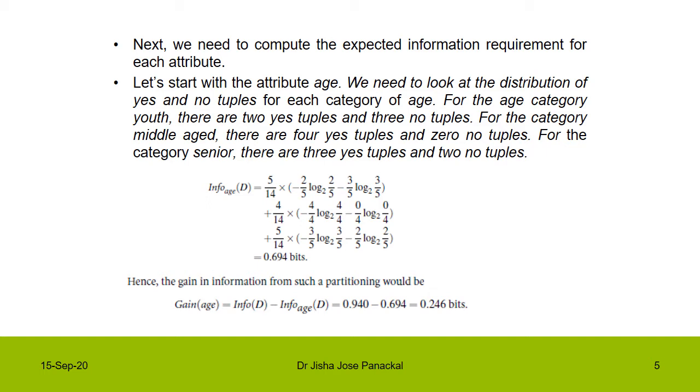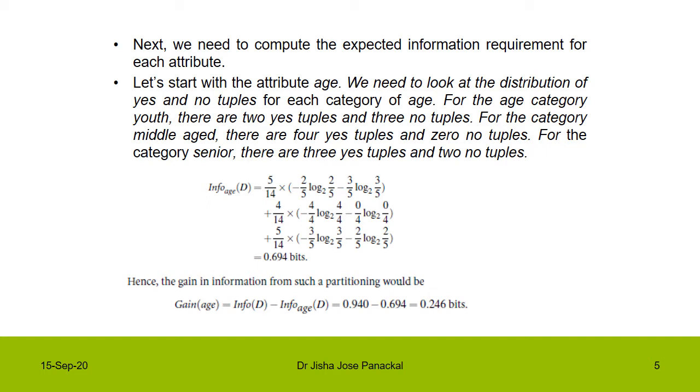And here also we have to see the positive, the yes cases and the no cases. Here we have 2 tuples with a youth category that come in class yes, and 3 tuples come with class label no. So that is represented here.